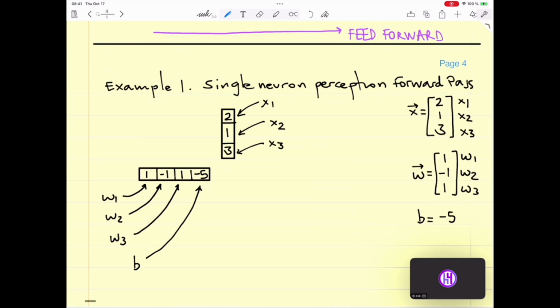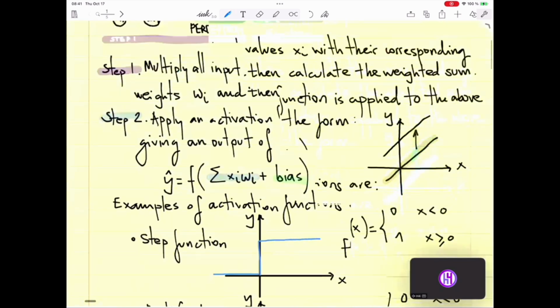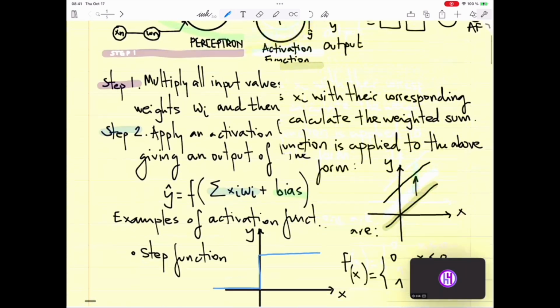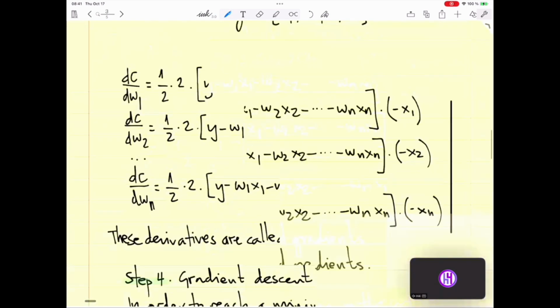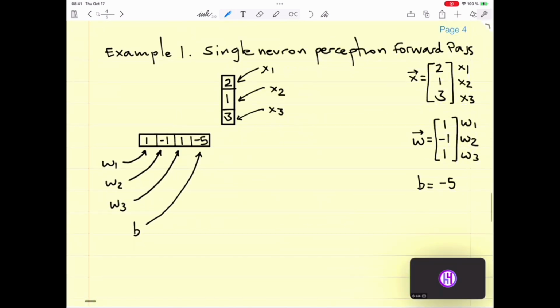And what we have done today, if you remember, is we have calculated y with a hat. Y with a hat is going to be the activation function applied to the sum of the products plus the bias.